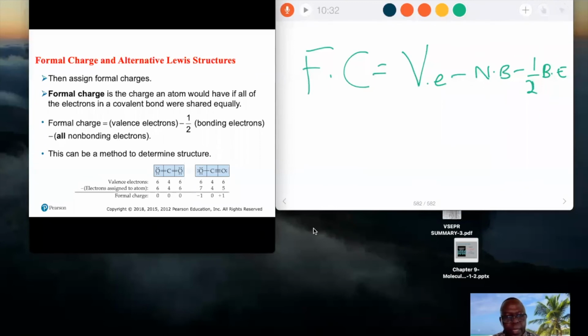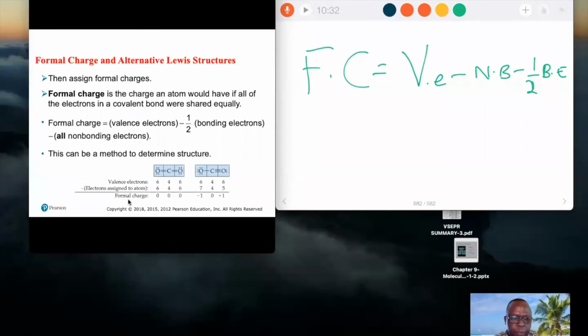Now, if you look at these two structures for carbon dioxide, each element satisfies the octet rule. Always, carbon can form a double bond, single bond, even a triple bond, the way we have it here.